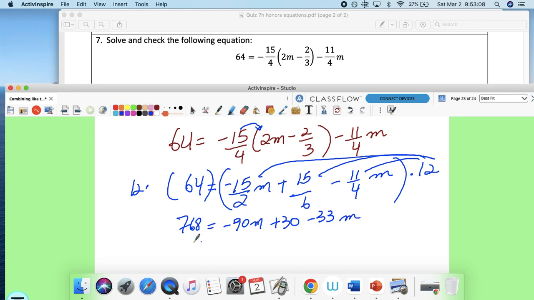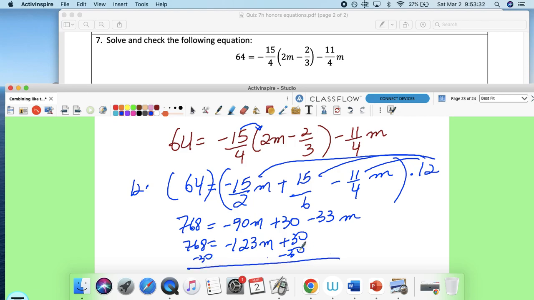Combine like terms, yeah, we can. 768 equals negative 90 and 33 is going to be negative 123m plus 30. Now we're going to do minus 30 on both sides.